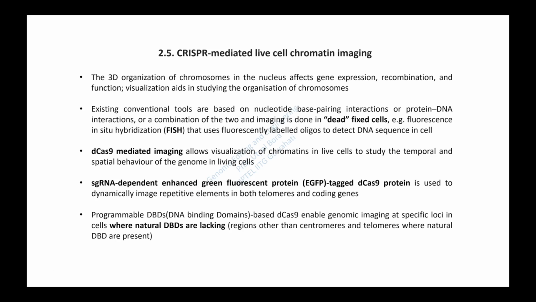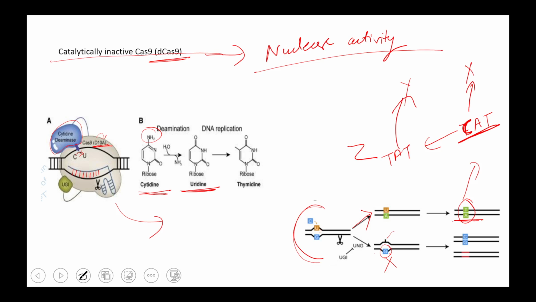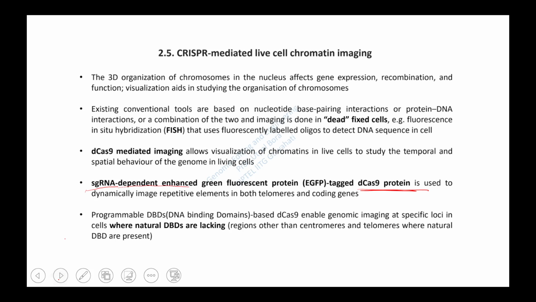And what you can also do here is fuse this sgRNA-dependent Cas9 with a GFP protein. As the Cas9 protein was fused here with the deaminase protein, you can also fuse it with a fluorescent protein like GFP.